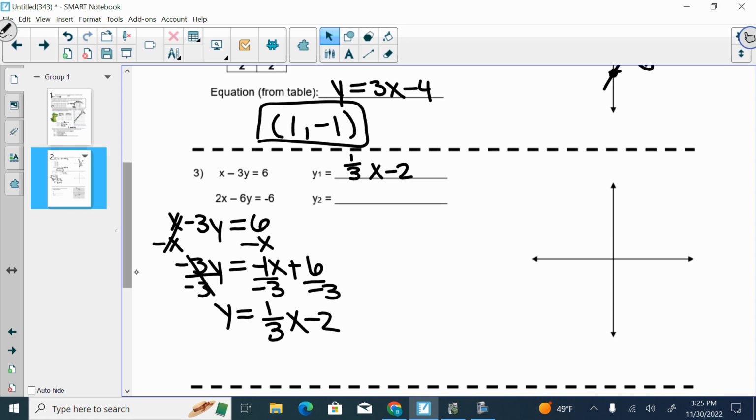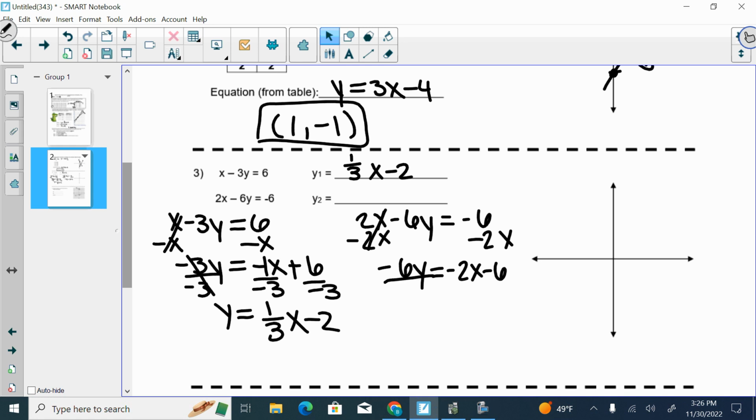Okay, now we need to fix that second equation as well. So we've got 2x minus 6y equals -6. How do we fix that one? Right, we're going to move that 2x. Good. So we got -6y is equal to, we can't put them together, so just -2x minus 6. Then what should we do?